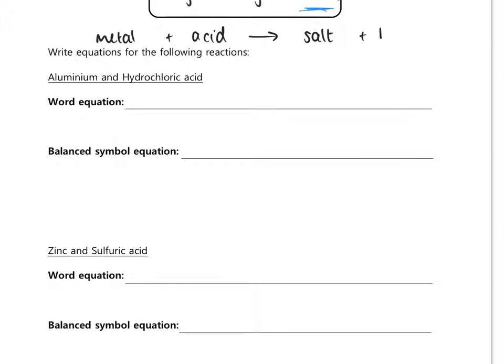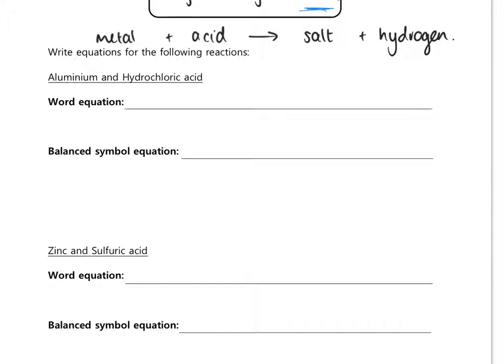That should always be in your head. So have a go at writing these two equations. Pause the video and give them a go, writing your word equations and your balanced symbol equations. Then you can replay the video and I will go through them and give you the answers. But try them yourself so that you can get practice in doing these types of equations and then check your final answer.